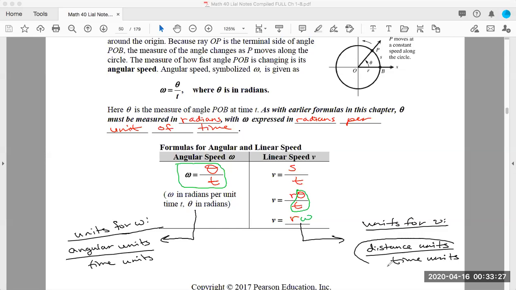That'll help you identify the difference when you are using angular speed versus linear speed. What unit should I have? All right, let me save that, and then I'm going to clear this out.